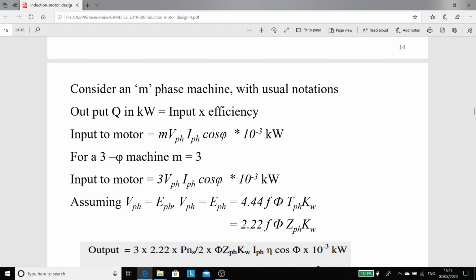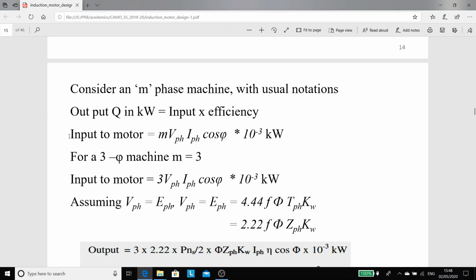Then what is the rating of the motor? That is the output of your induction motor. Output is equal to the input of your motor multiplied by its efficiency. And as we know, a motor converts electrical power into mechanical power, so the electrical parameters are on the input side.